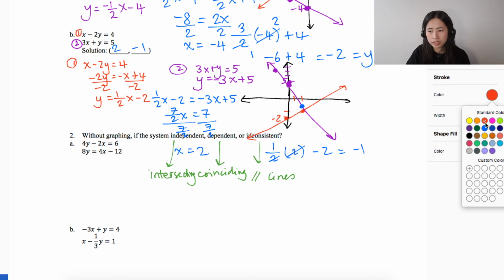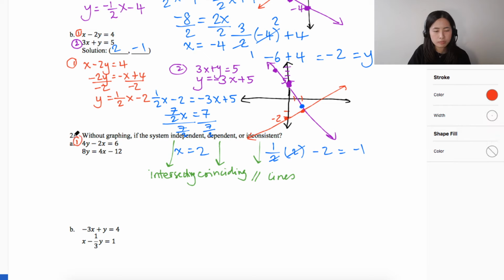So for the red one, this is going to be equation 1. So this is 4y is equal to 2x plus 6. Dividing both sides by 4, we get y is equal to 2 divided by 4, which is 1/2 x, and 6 divided by 4 is equal to 3/2. So this is the first equation.